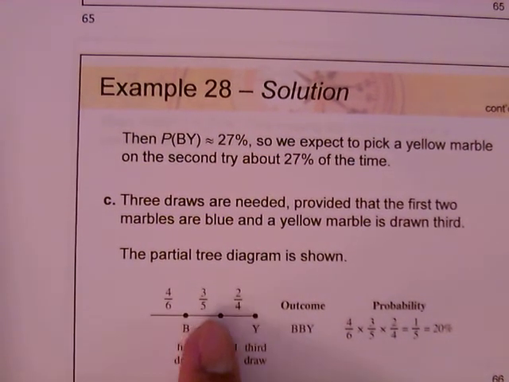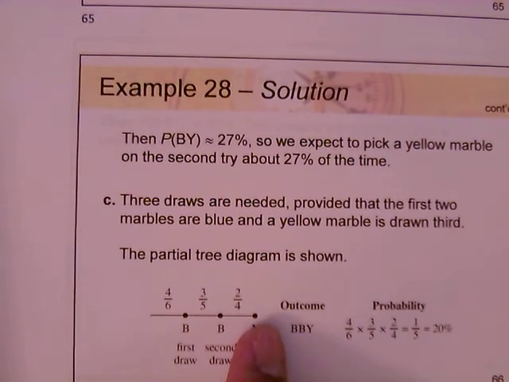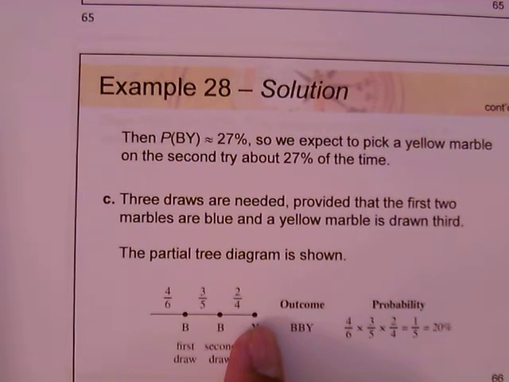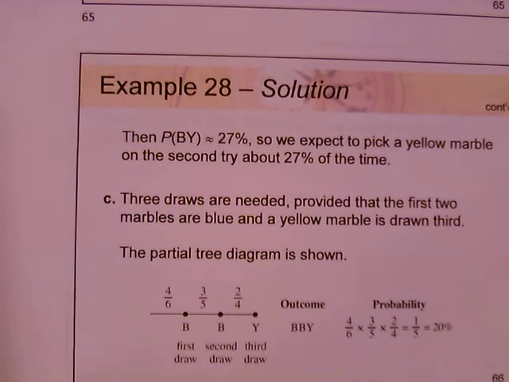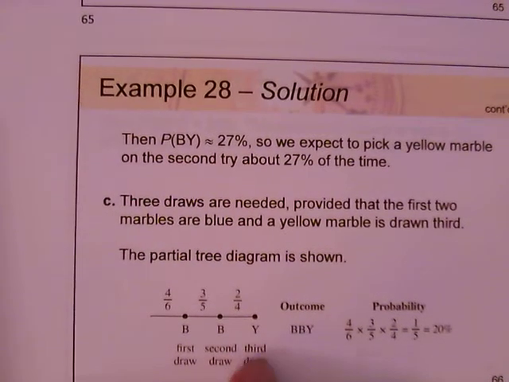And then the probability of drawing a yellow marble, well, we took out already 2 blue marbles. That means that there are going to be 4 marbles altogether. But there are 2 yellow marbles, so that probability there will be 2/4. So that's the outcome.